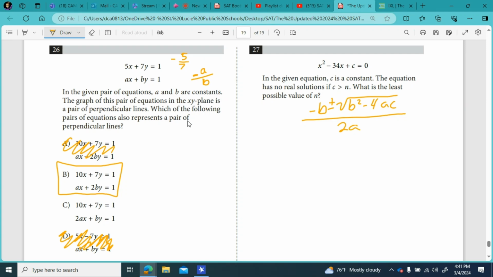So b is negative 34, so negative 34 squared minus 4 times a is 1, and c, well, it's c. So if this is negative, when I multiply negative 34 squared is 1,156, minus 4c, and I need this to be less than 0.